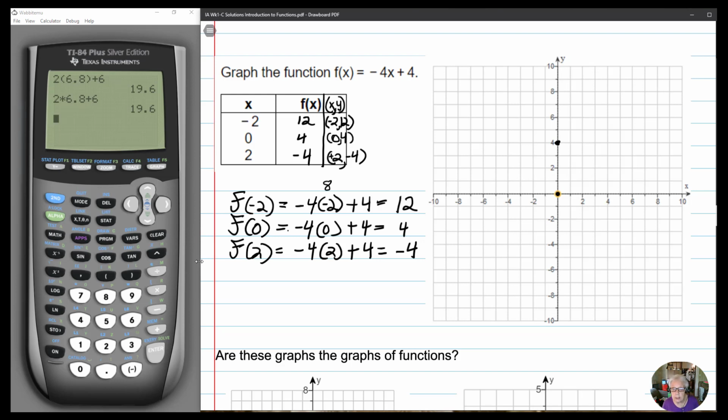Instead, move directly to negative 4 on the y-axis, or actually, it's easier just to go down 4 units, down because of that negative. 2, now negative 1, negative 2, negative 3, negative 4. Here's that point. Let's go ahead and label the points. 0, 4. Positive 2, negative 4.